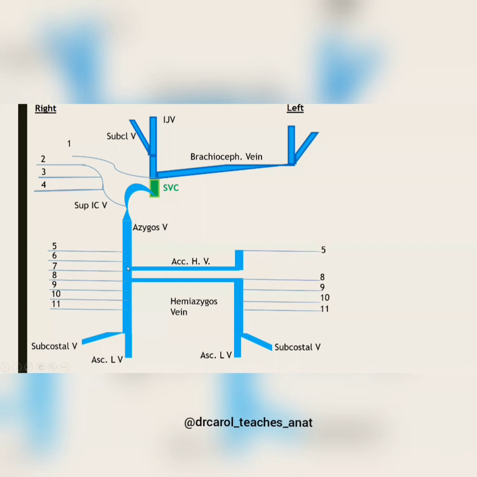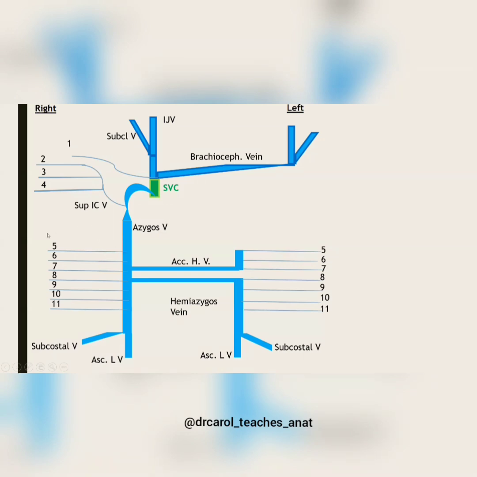So remember, the accessory hemiazygos vein crosses the midline at the level of the 7th thoracic vertebra. So naturally the other tributaries will be the posterior intercostal veins 6 and 7.